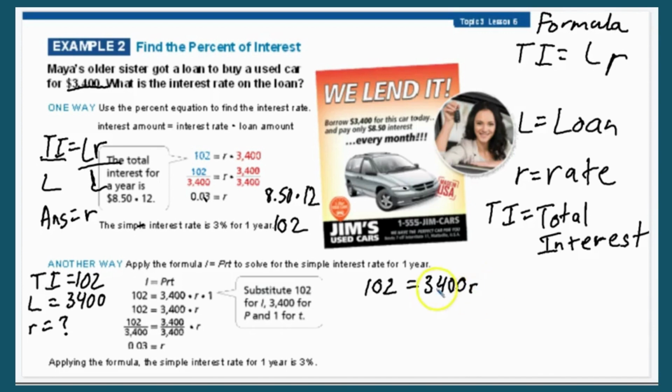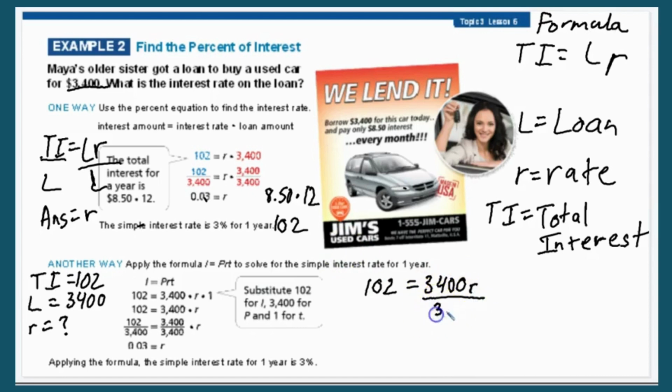Okay? And since we are solving for R, we have to get everything away from it. It needs to be all alone. So to do that, to get rid of any number by it, we do the opposite of what it's showing. So right now, 3,400 is multiplying by R. So to get rid of 3,400, I have to do the opposite, which is dividing.